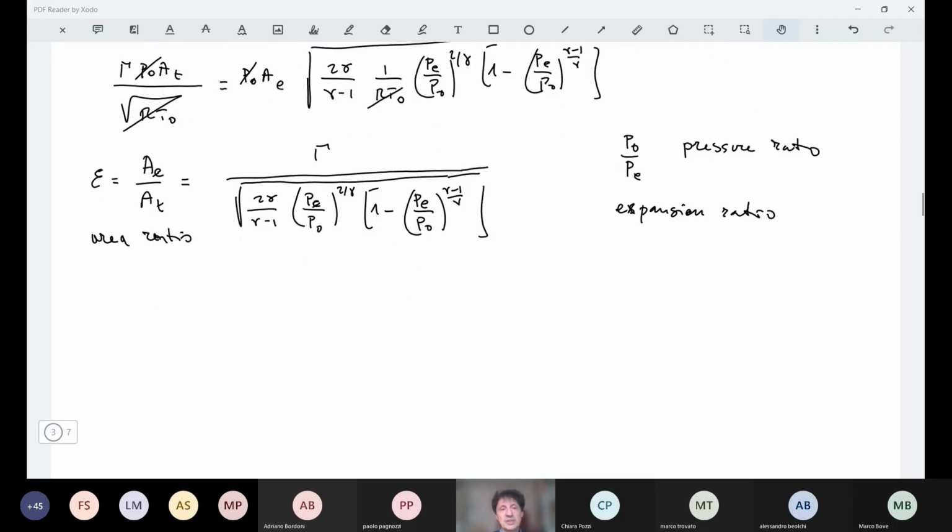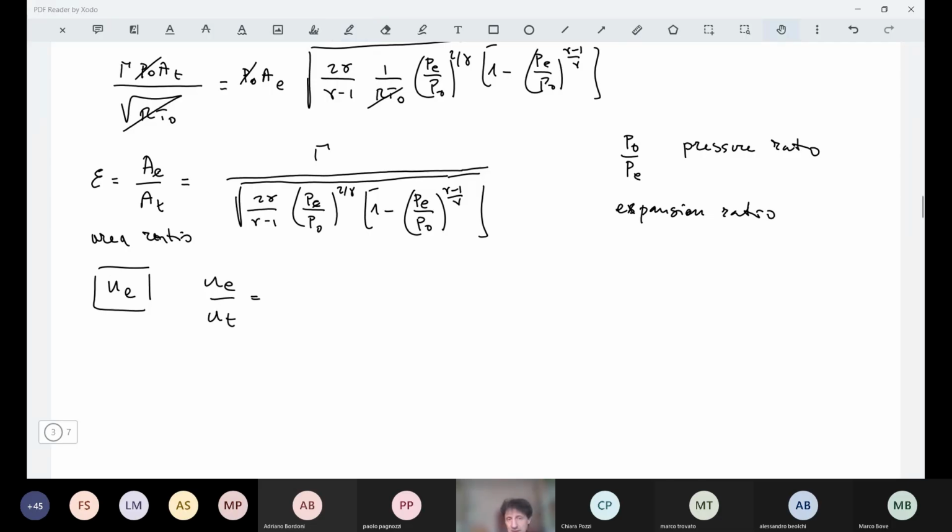So what we do with this expression, we can try to identify our exhaust velocity, because we can go back to our UE, that was the reason why we are moving towards this supersonic flow, and we can express our UE as a function of the velocity we have at the throat.